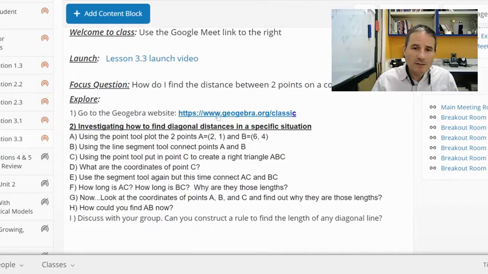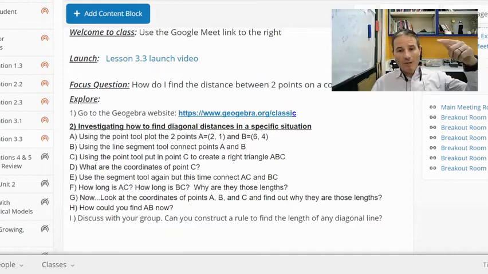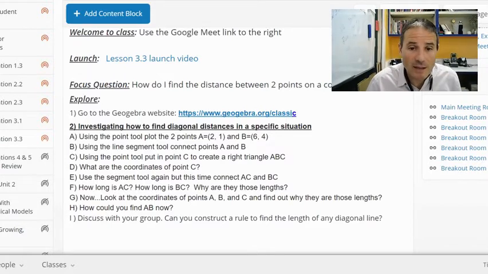Don't hesitate to go back to GeoGebra and play with this a little bit. In some ways, we talked about how the distance between the heights and the widths of any diagonal line will help us figure it out, using it almost like a hypotenuse to figure out what that length was.